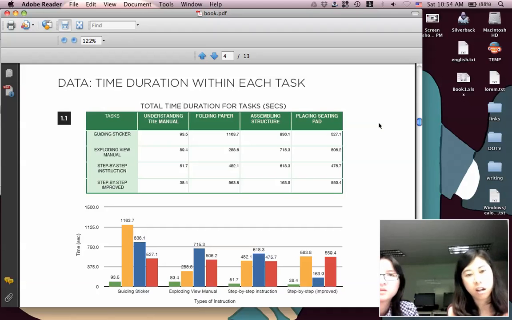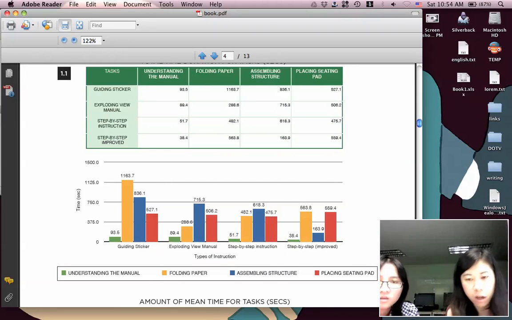And the fourth one is placing the seating pad, which is placing piece C on top of the structure. You can see that of all 4 methods, the worst one is the guiding sticker, and the best one is the improved step-by-step.